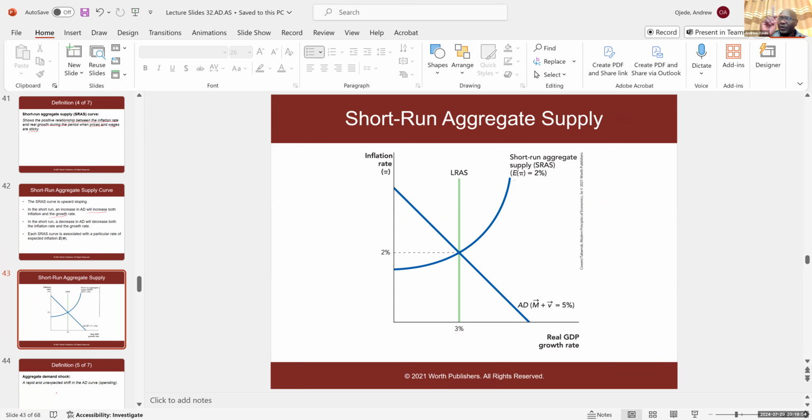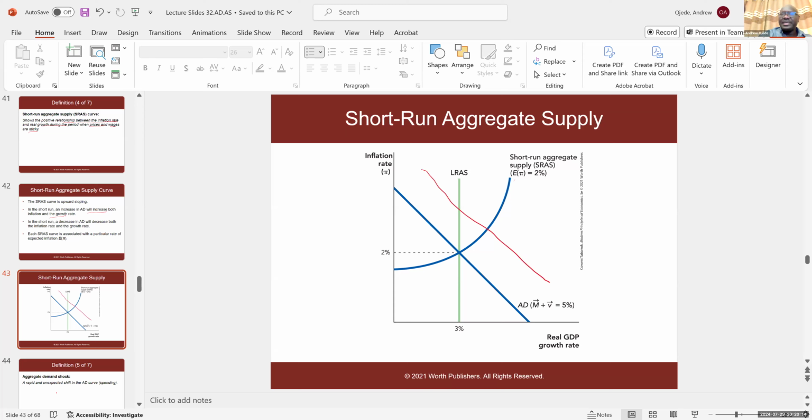So now think about it. According to Keynes, if you increase aggregate demand, let's say the government spends more money, or the Federal Reserve increases money supply growth, or the growth rate of velocity increases, we know that is going to shift the aggregate demand curve to the right.